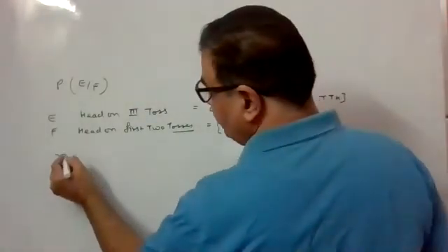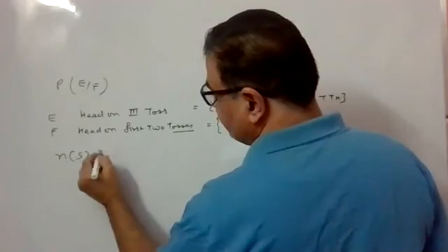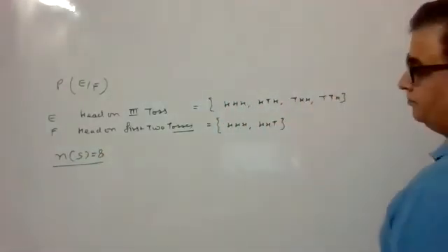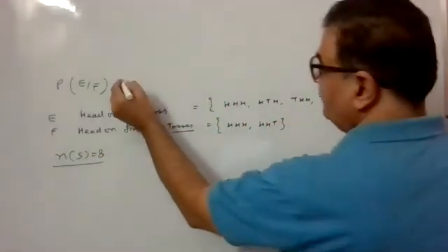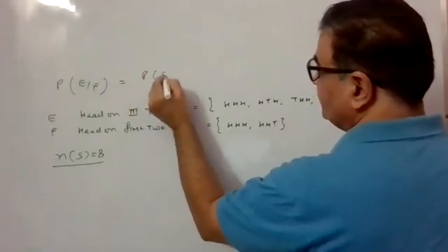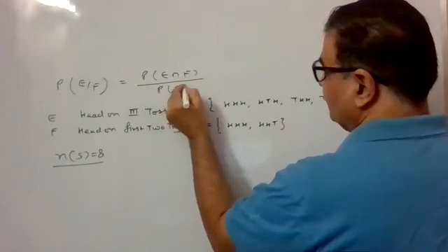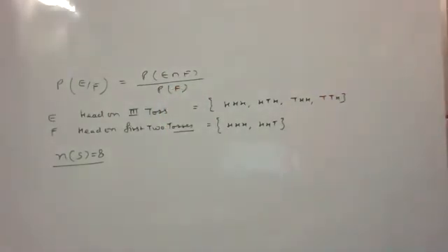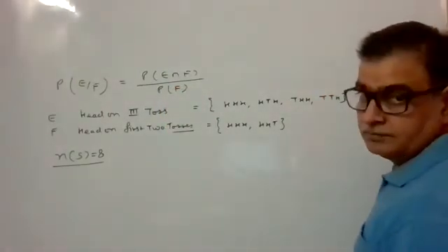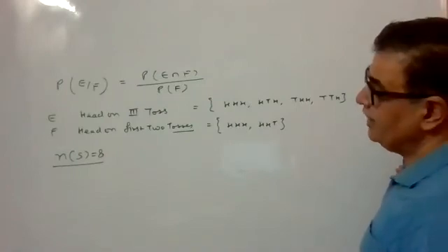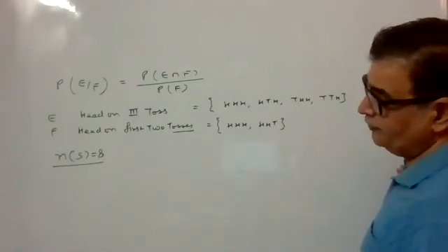Number of elements in the sample space is 8. Now I want P(E/F). So what does the formula say? P(E intersection F) by P(F).